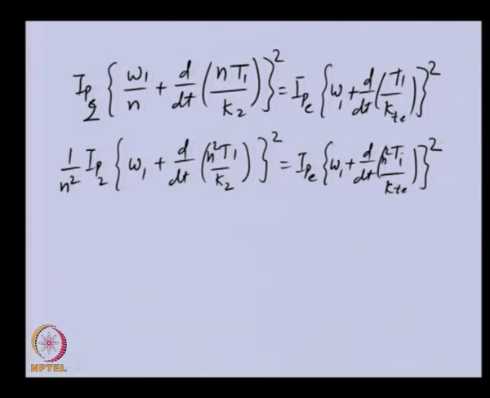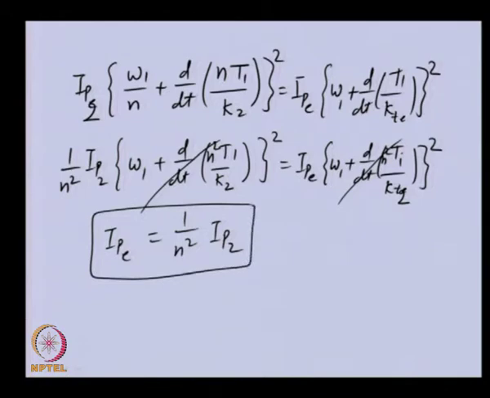Here we have converted this also into KT2. KTE is nothing but KT2 divided by n square. So now you can see this quantity is getting cancelled and we are getting the equivalent polar moment of inertia as this one. So, we just need to divide the actual polar moment of inertia by the gear ratio square to get the equivalent polar moment of inertia.